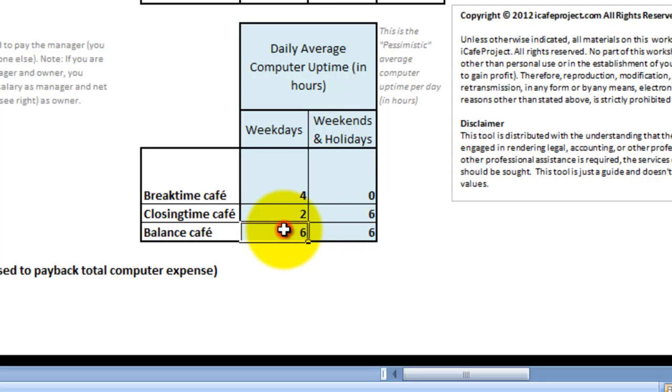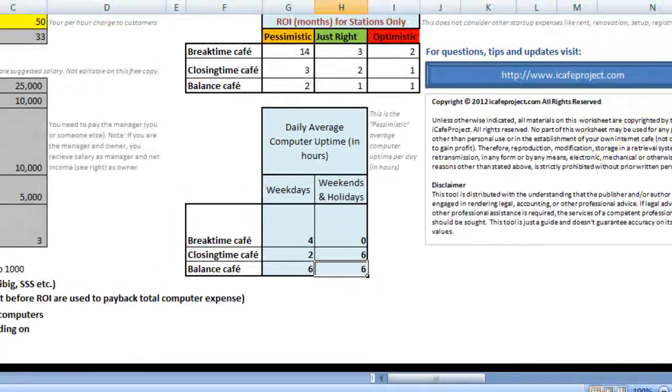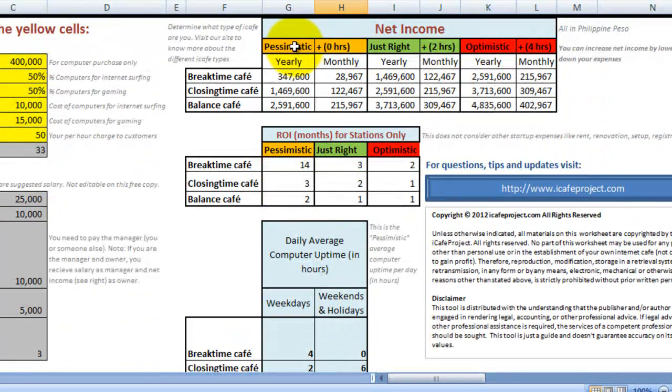Now, balanced cafe is around 6 during weekdays and 6 also during holidays and weekends. Now, the values that you see here are the values for pessimistic computation, meaning it exactly takes into consideration the hours that are in here.